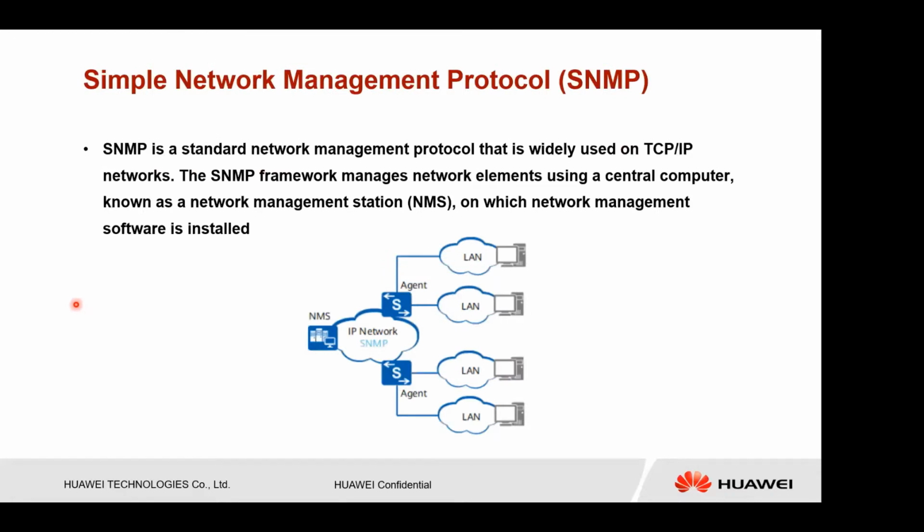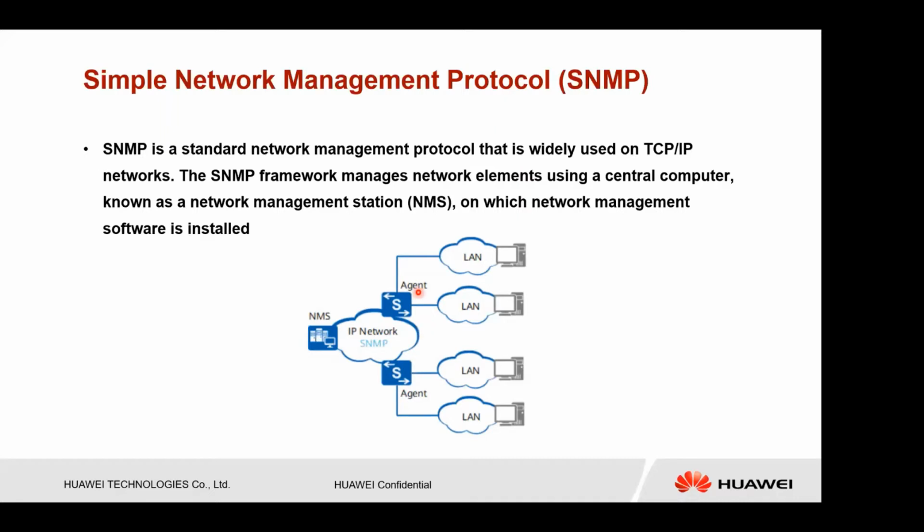So the first part is SNMP, which is a standard network management protocol widely used in our networks today. SNMP manages the network elements using a central computer, which is known as the NMS station, on which we install the software for network monitoring. Based on this simple network topology, we have the NMS station, where we install the network monitoring software.